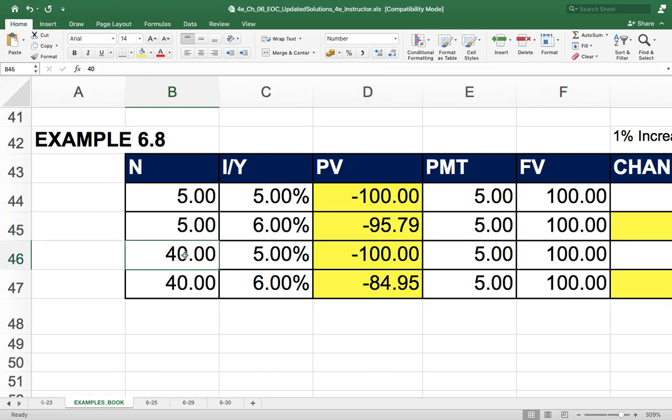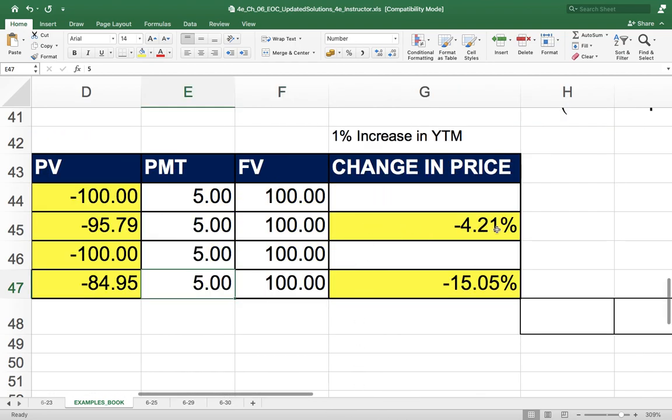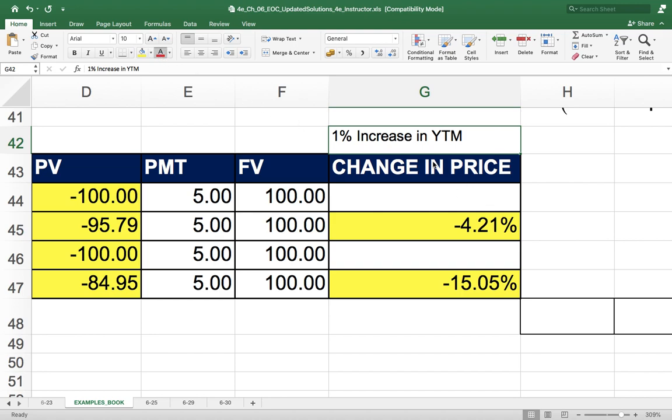For the 40-year bond, with 5% coupon and 5% YTM, the price is 100. When YTM became 6%, the price became 84.95. Now we can see the percentage change for a 1% increase in YTM.